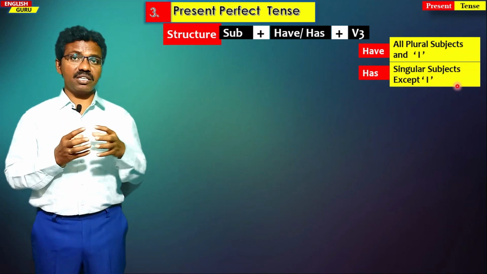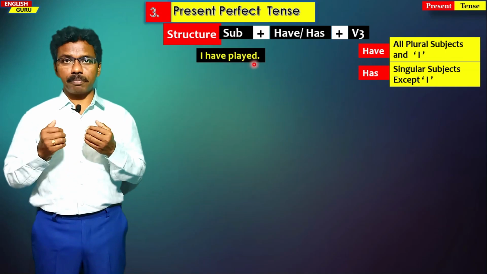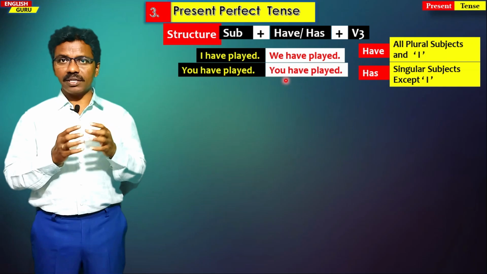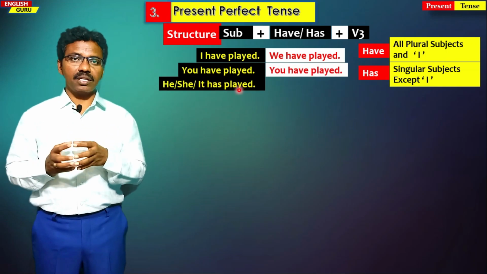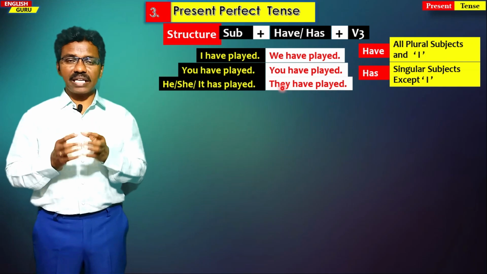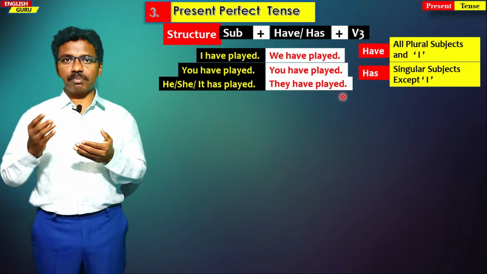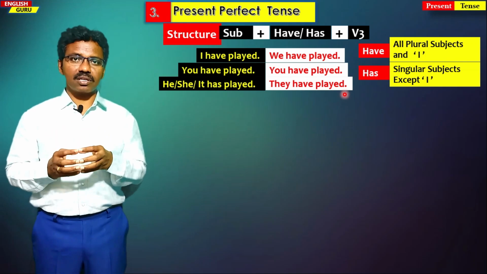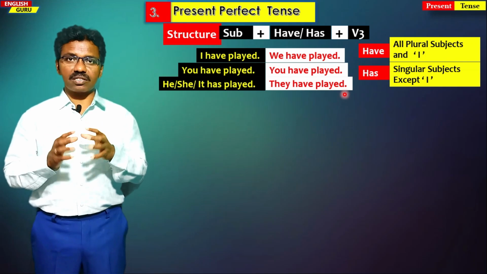For example, in sentences: I have played, we have played, you have played, he has played, she has played, it has played, they have played. And these are all the basic structures of a sentence in present perfect tense.